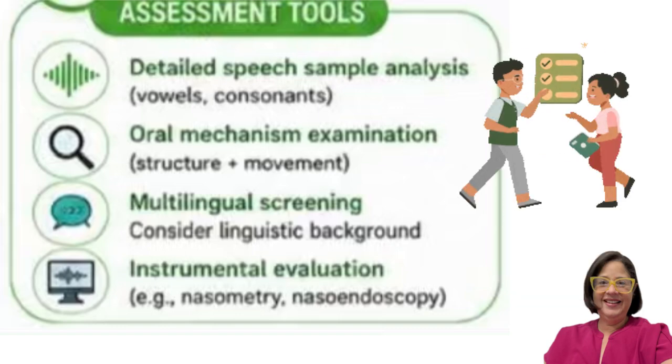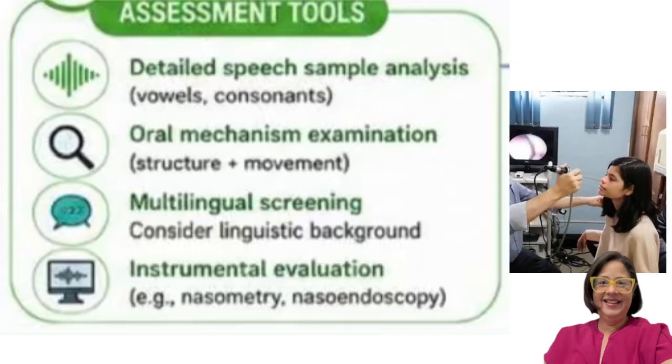Third, a multilingual screening, especially important in diverse populations, where the clinician considers the patient's linguistic and cultural background. And four, instrumental evaluation, including tools like nasometry and nasoendoscopy, which provide objective, measurable data about nasal airflow and velopharyngeal function.